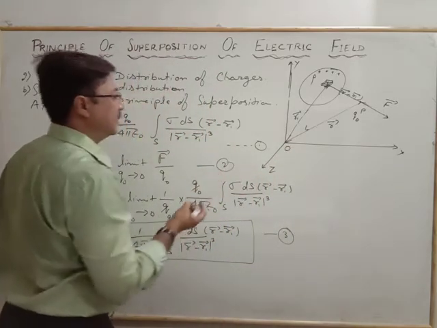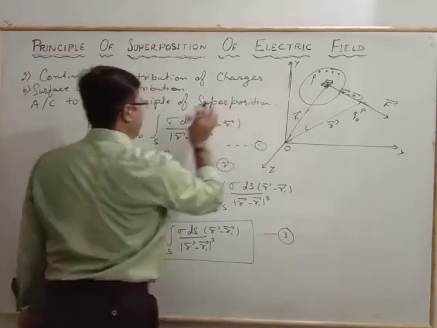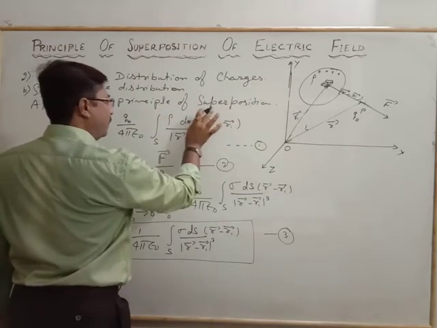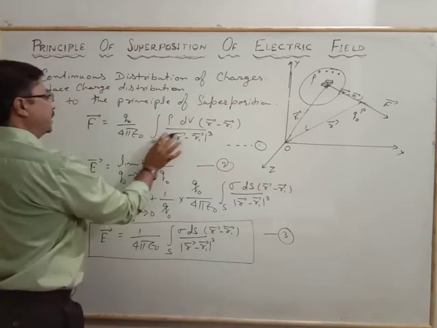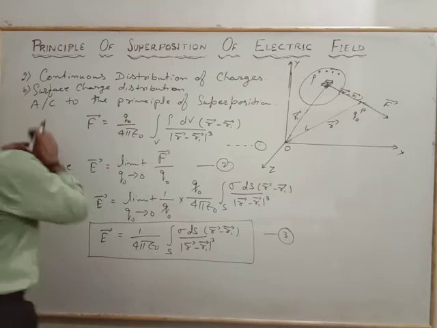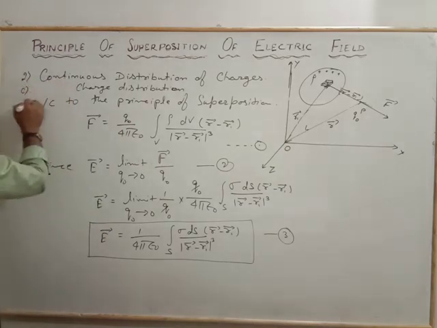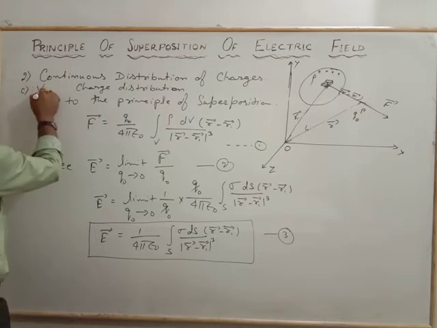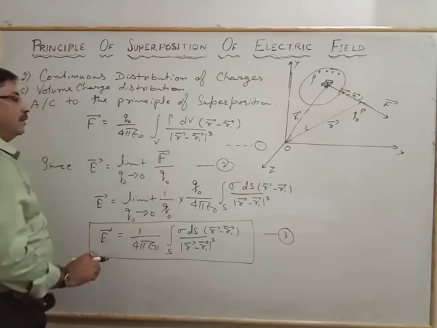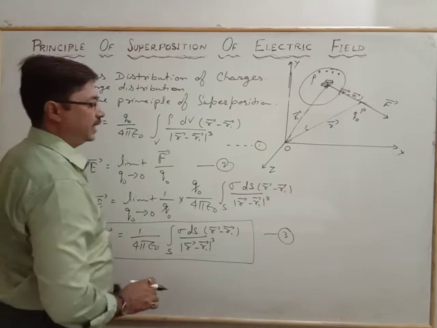It is the same, with very little change: in place of the density we write rho, in place of the surface we write the volume, and here the integration is over the volume, and that becomes the force by superposition. Now we change it here to C, volume charge distribution, and that becomes equation 1, and with the same formula we find the electric field.